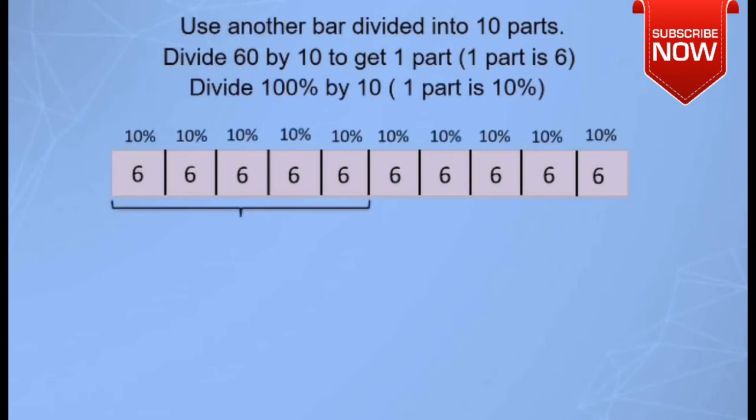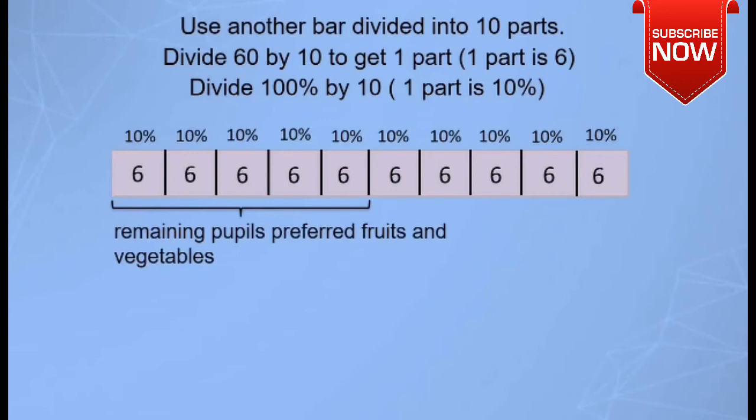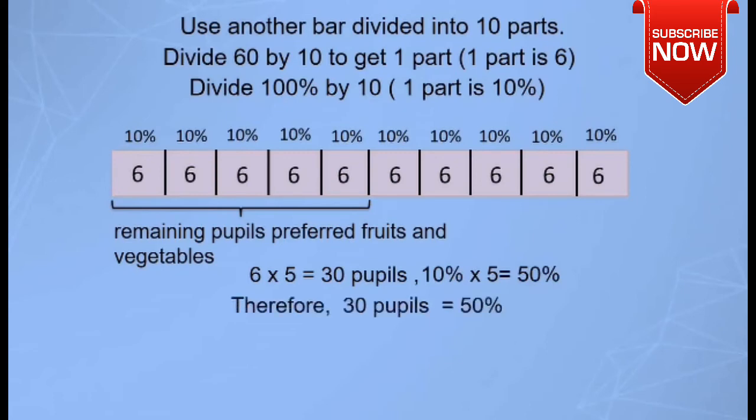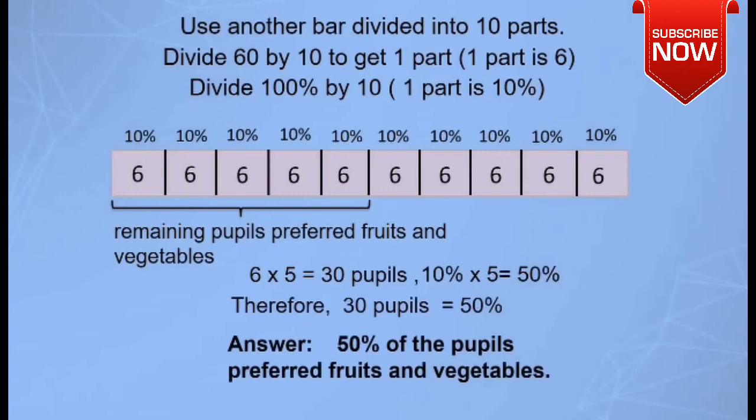These parts represent the number of remaining pupils who preferred fruits and vegetables. 6 times 5 equals 30 pupils. 10% times 5 parts equals 50%. Therefore, 30 pupils equals 50%. The answer is 50% of the pupils preferred fruits and vegetables.